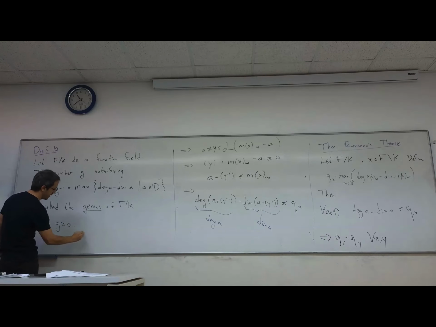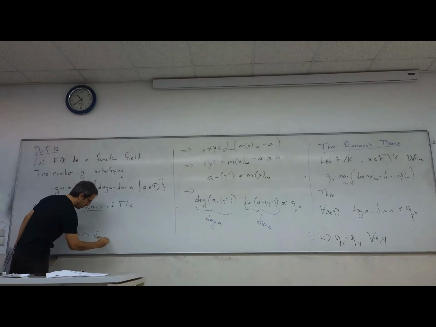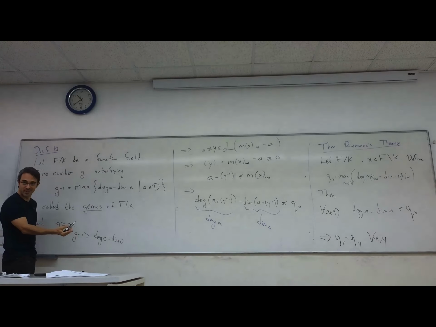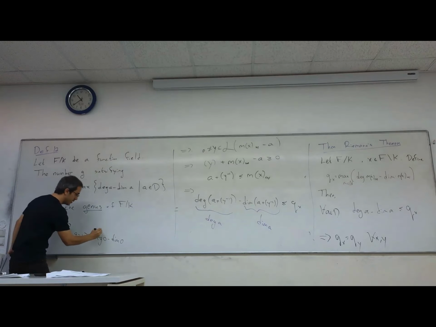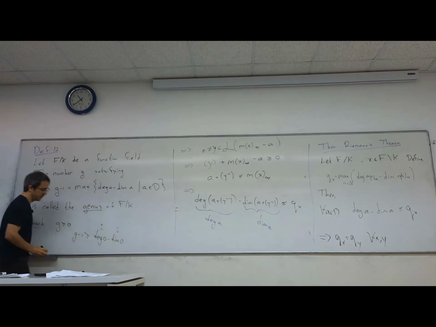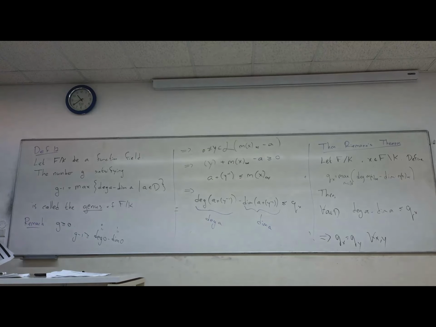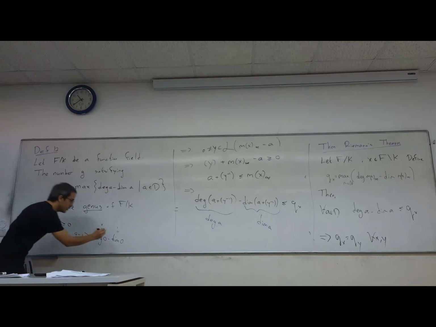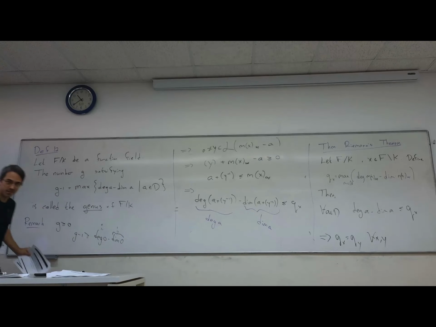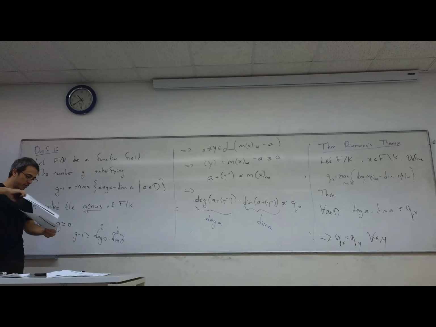So G minus 1 is at least the value for the 0 divisor, and the 0 divisor has degree 0 and dimension 1, because the Riemann Roch space of the 0 divisor is the constants K. So this is 0 and this is 1. So G minus 1 is at least minus 1, so G is at least 0. Good.